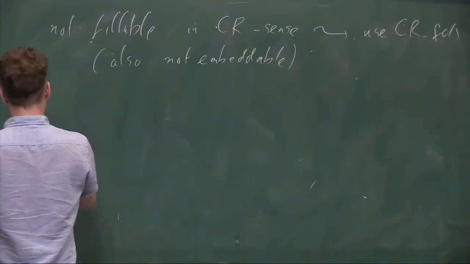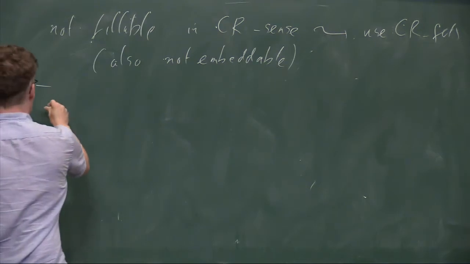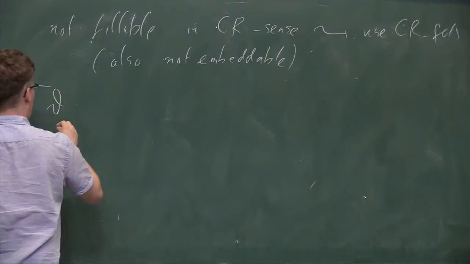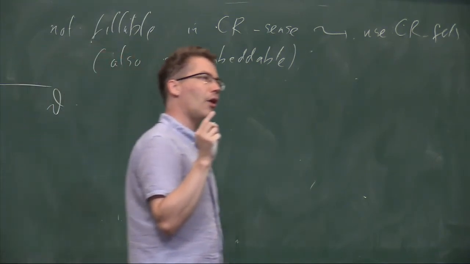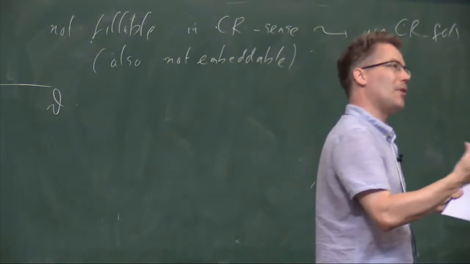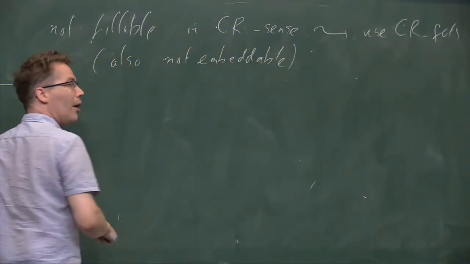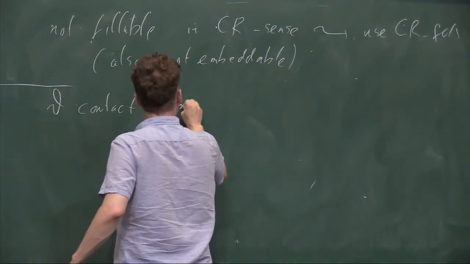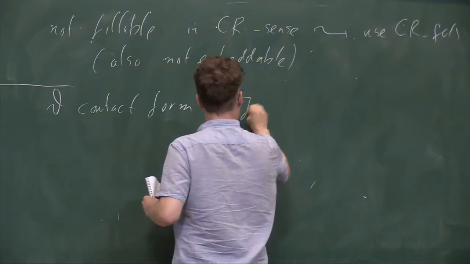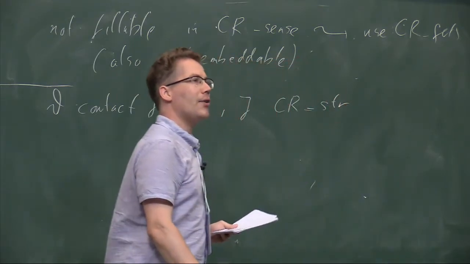Okay, so now I'm going to define a kind of preferred connection on a contact manifold, actually on a CR manifold, but it's also on a contact manifold. So now we'll be more specific. We look at this contact form theta, and we take this, let's call it the CR structure, but you can just call it a compatible complex structure.